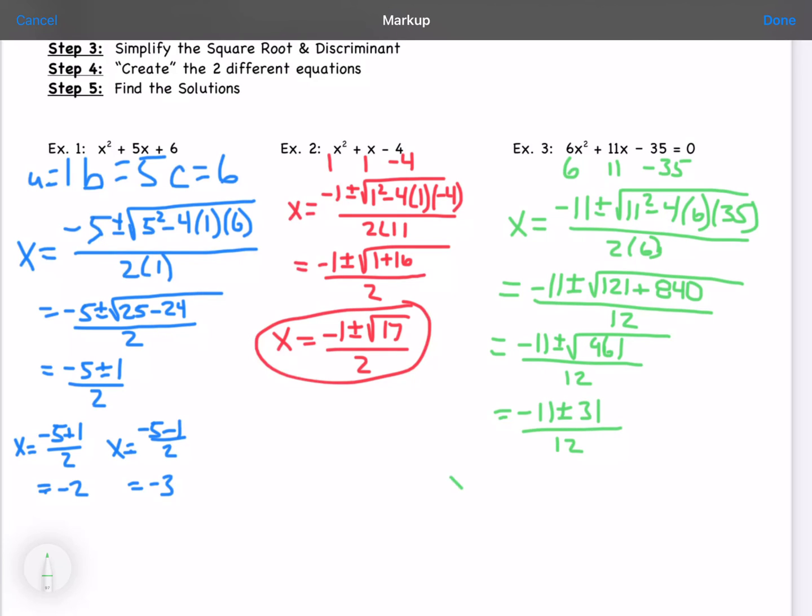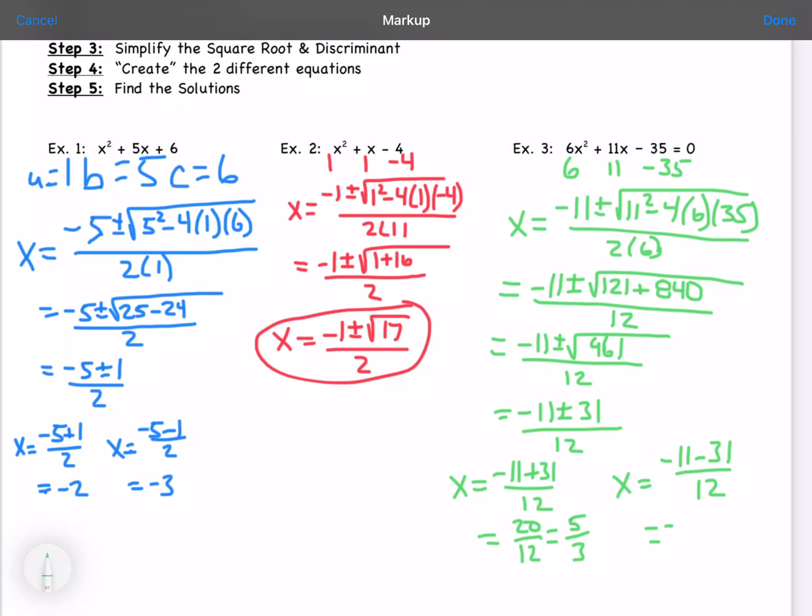So my two possible solutions are x is negative 11 plus 31 over 12, or x is negative 11 minus 31 over 12. So that gives me 20 over 12, which reduces down to 5/3.